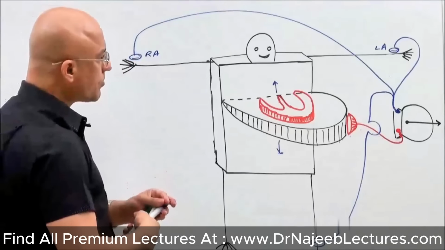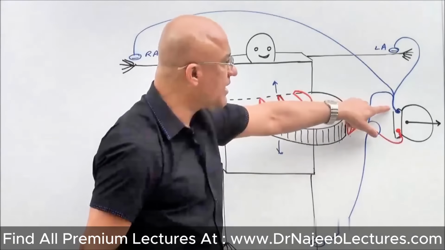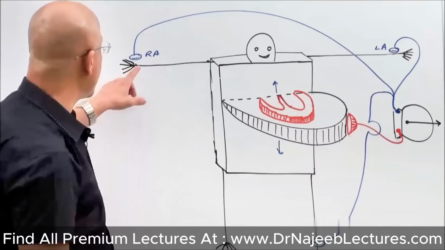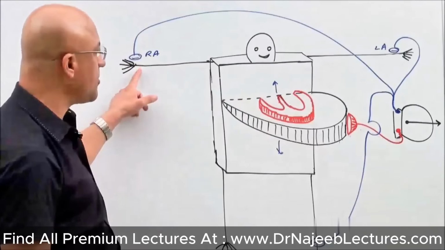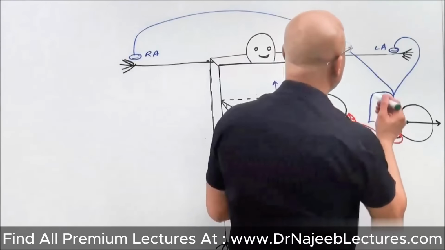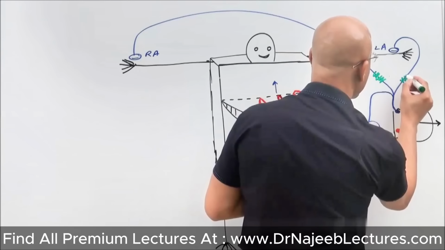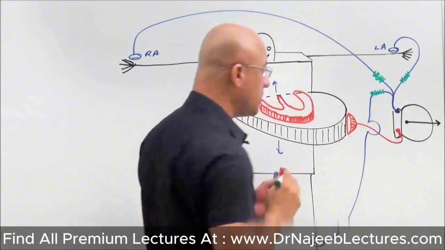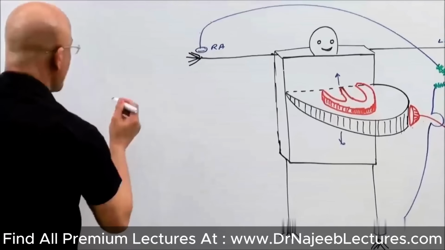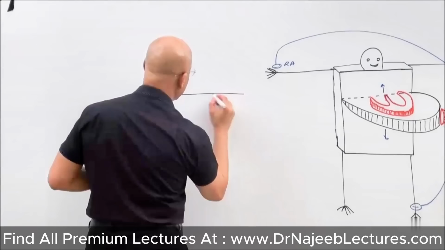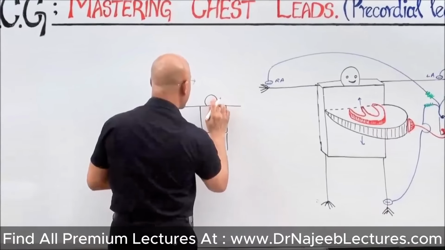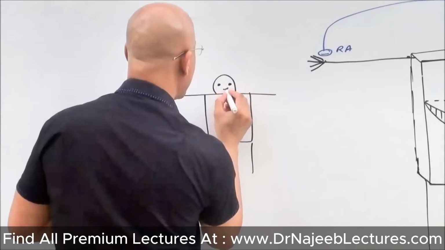So basically the negative terminal is a common terminal connected to the right arm, left arm and left leg, and it is connected through high resistance so that there is minimal current flow. If you remember the previous lecture, we talked about the Wilson central terminal.